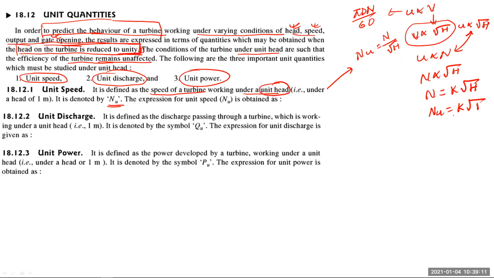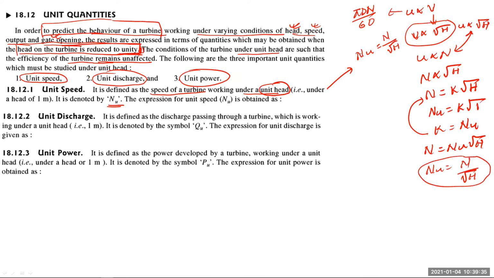So you can write K equals Nu, and this you substitute in this equation. So you will get N equals Nu into root under H, or Nu equals N by root under H. So this is how the derivation goes, but you directly remember this formula.